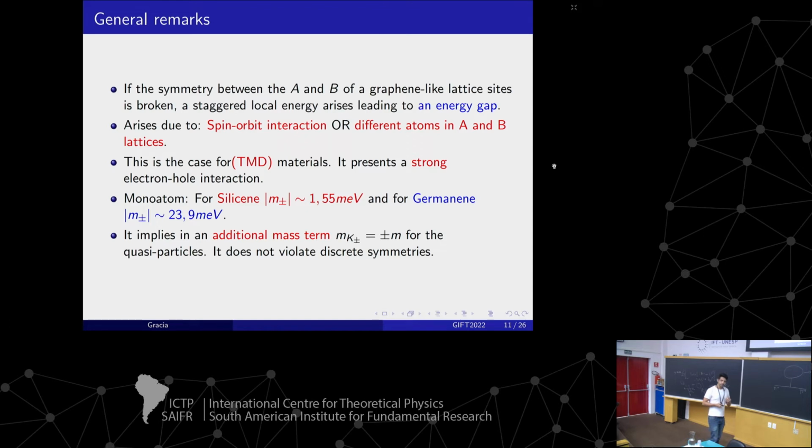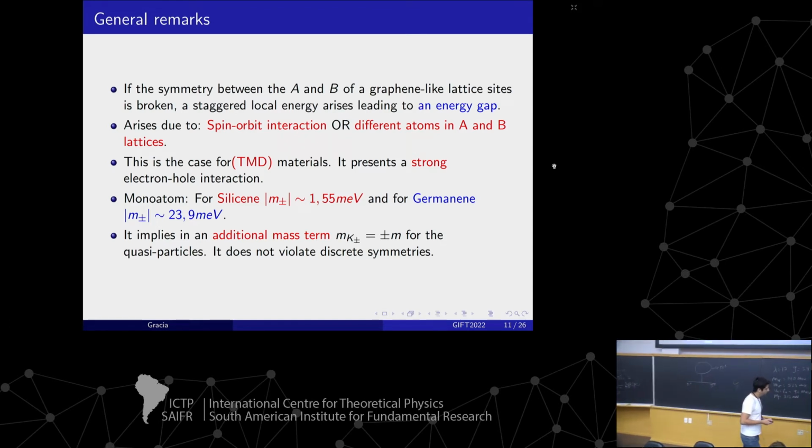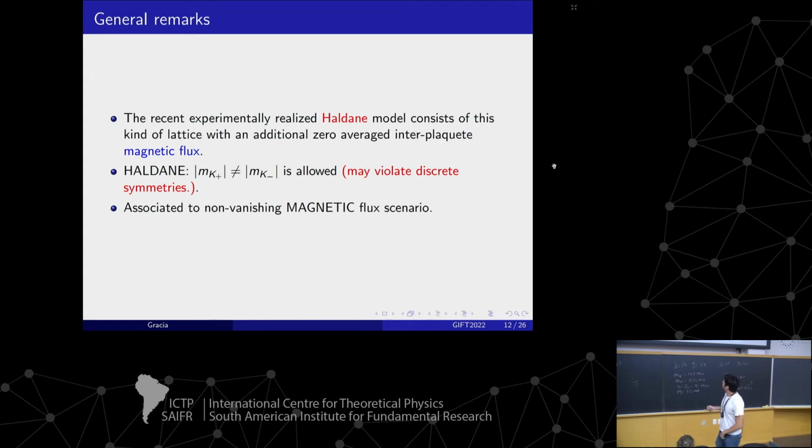It's interesting to see something about discrete symmetries. Look above. For this kind of material, both valleys have opposite masses, and this avoids any kind of discrete symmetry violation. But we can also talk about the Haldane model.